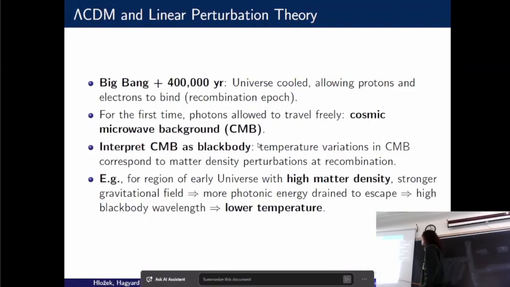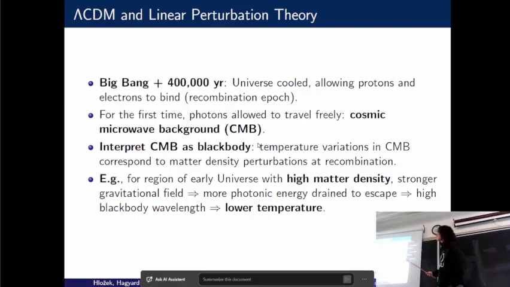Essentially, the cosmic microwave background, for those of you who are not too familiar, is essentially the photons that were released when the universe was first able to create baryonic matter.